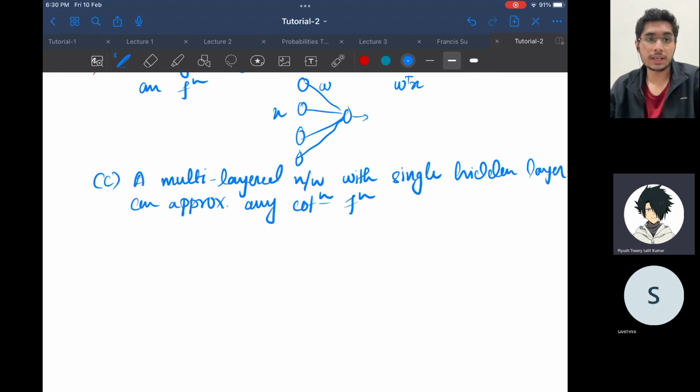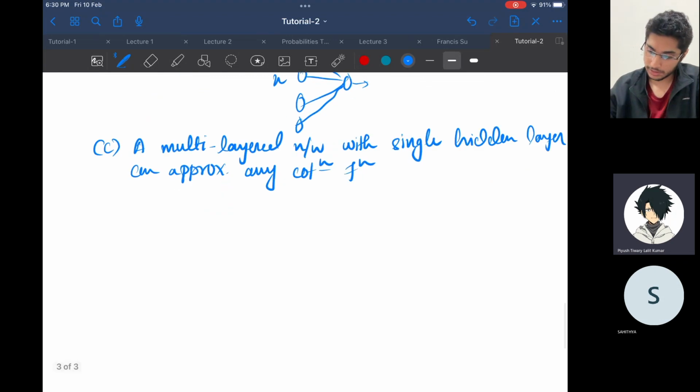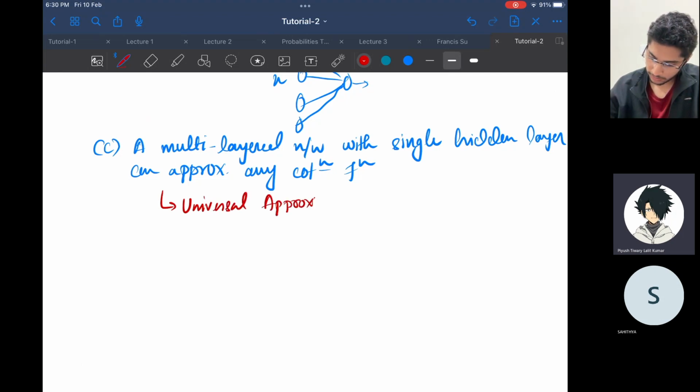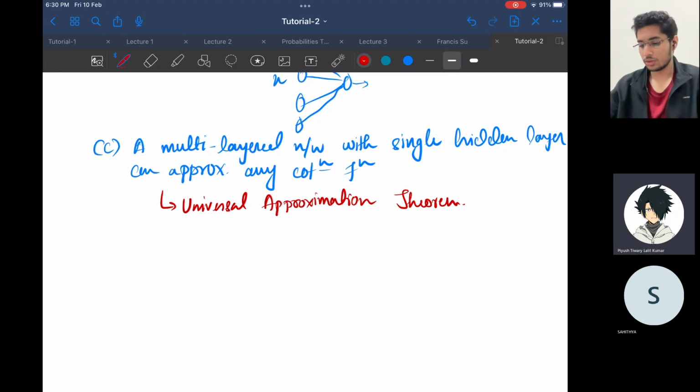This statement is what is called the universal approximation theorem, or UAT in short.